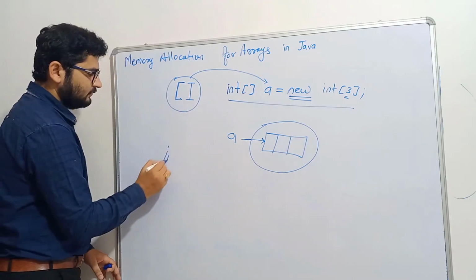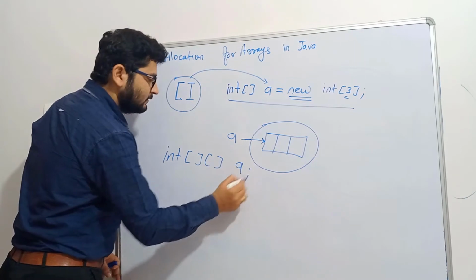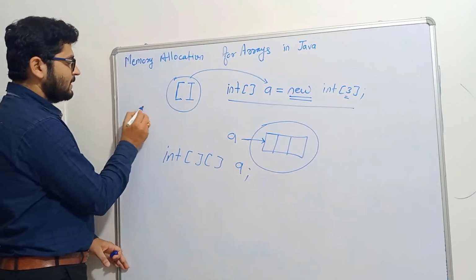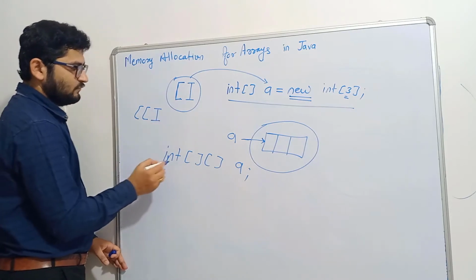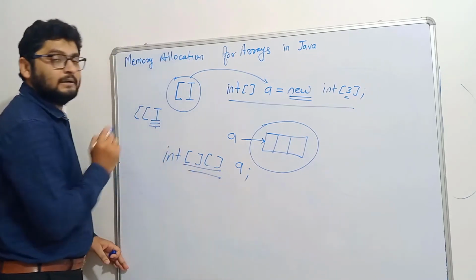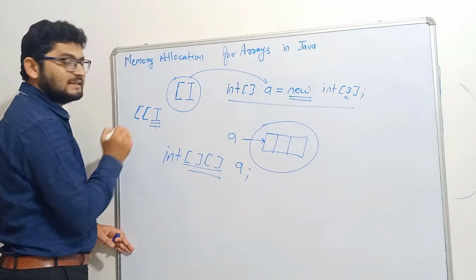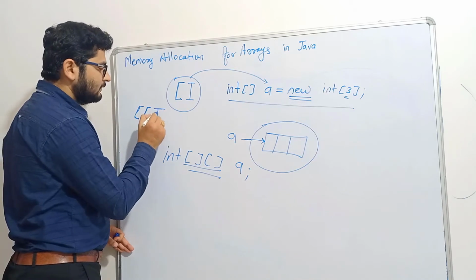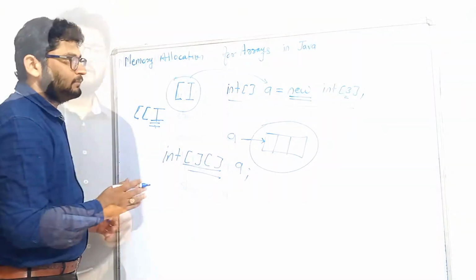So if we have a two-dimensional array, then the class of this would be two opening brackets and I. Means we have a two-dimensional array of type int. So that's why this opening bracket is going to represent the dimension, and this alphabet is going to represent the data type.